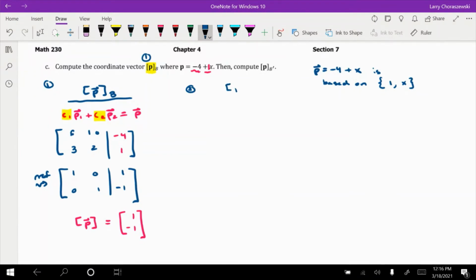For the second part, to figure out the coordinate vector of p relative to the basis B prime, we're going to use our transition matrix.